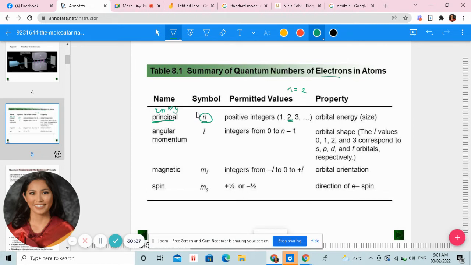Orbitals, we have S, P, D, F. We can also have the subshells, which are also S, P, D, F. But n equal to 1 is energy level 1, n equal to 2 is the second energy level. The atom has concentric circular shells. Then we also have the angular momentum, which refers to L, integers from 0 to n minus 1, or the orbital shape.